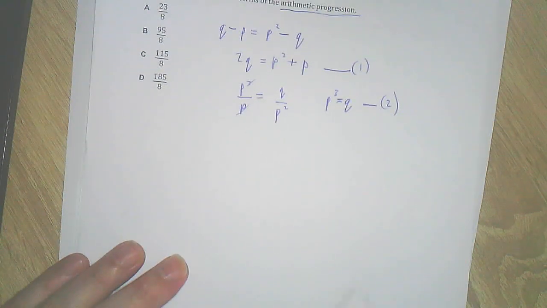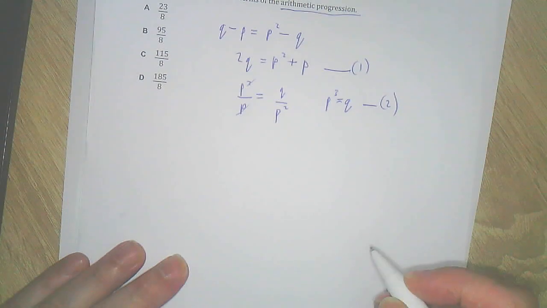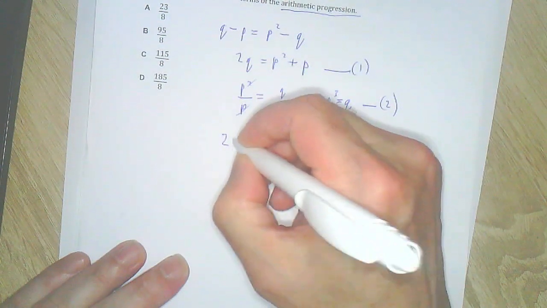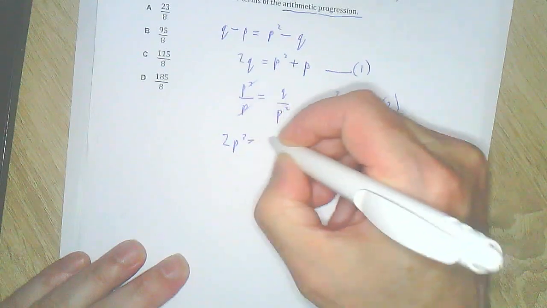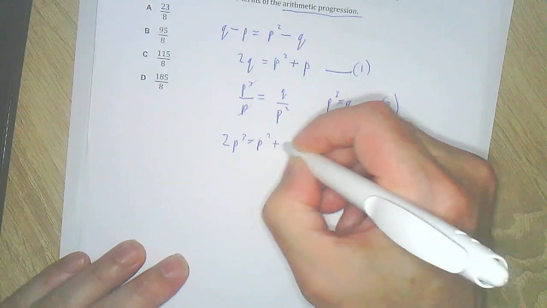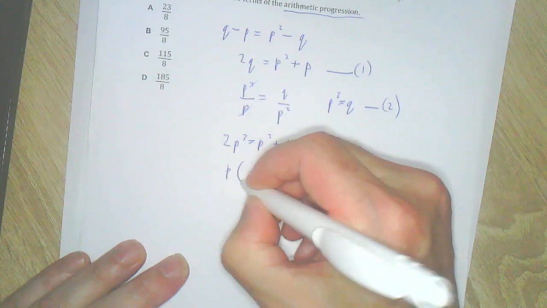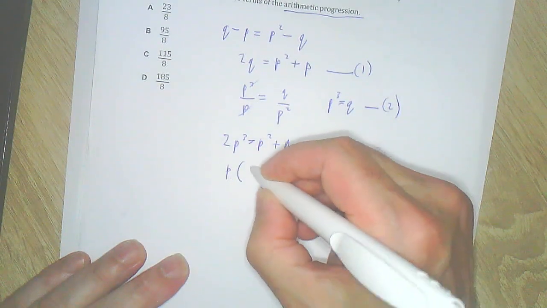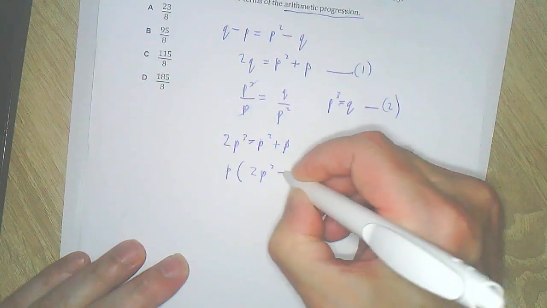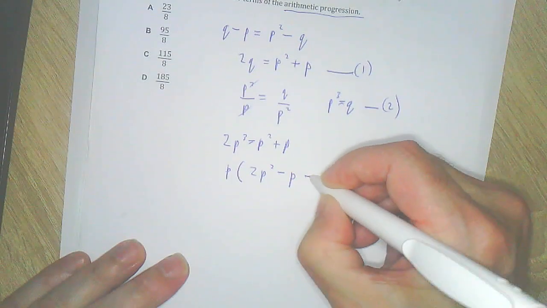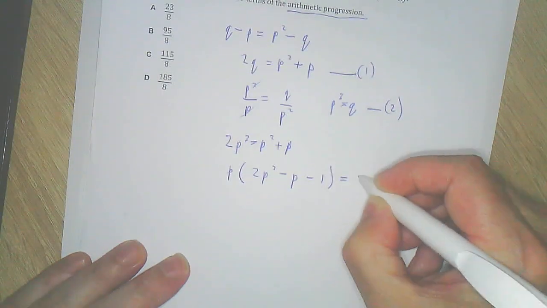So let's do that. Let's substitute for q in the first one. So we get 2p cubed equals p squared plus p. We can rearrange this. We can take a p out. So we get 2p squared minus p minus 1 equals 0.